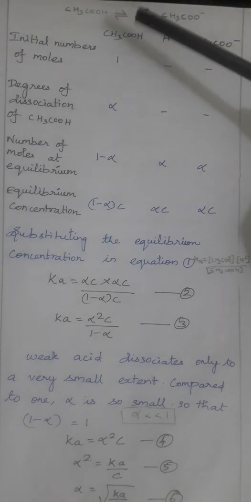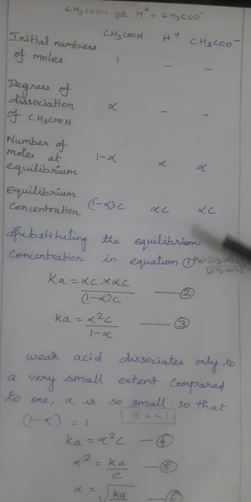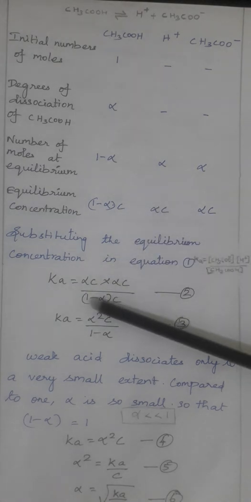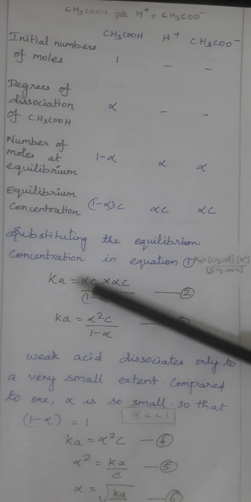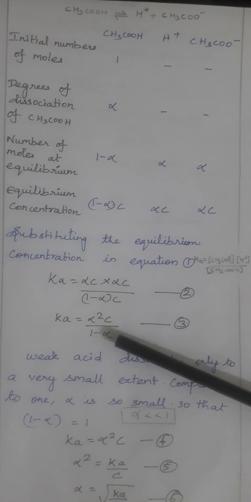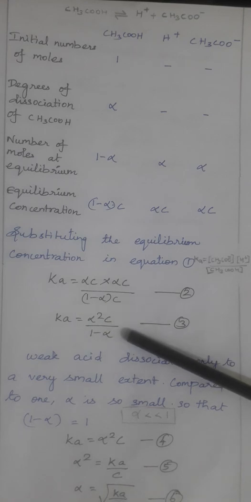The equilibrium concentration of CH3COO minus is C alpha, and that of H plus is C alpha, divided by the equilibrium concentration of acetic acid, 1 minus alpha into C. C cancels. Alpha into alpha, alpha squared C, divided by 1 minus alpha. This is said to be Ostwald dilution law.